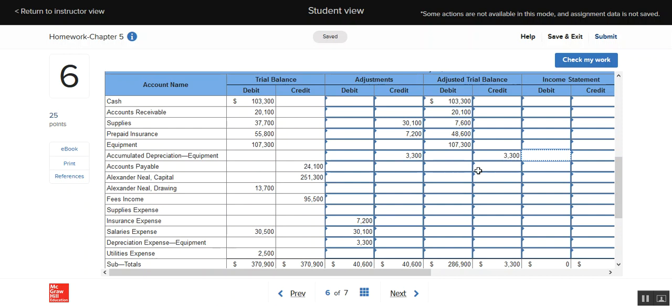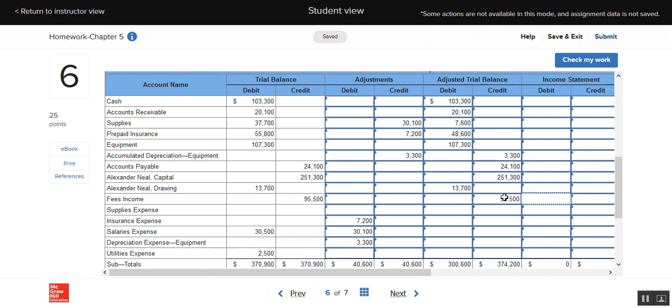Accounts payable was $24,100 credit. We did not adjust it, so it's still $24,100 credit. Same with capital, we did not adjust it, so we just carry that balance over. Drawing $13,700, and that one's a debit. And then your income was no adjustment, so it stays the same.